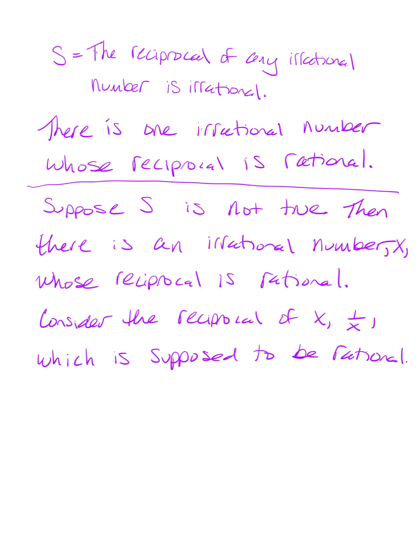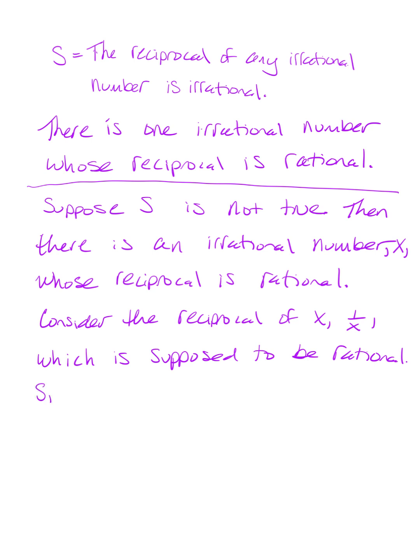But the only way a number can be rational is if its numerator and denominator are both integers, denominator not 0. 1 is an integer, so we don't have to worry about the 1. Let's think about the x. Is x an integer? Can't be, because x is irrational, which means it cannot be an integer because all the integers are rational.